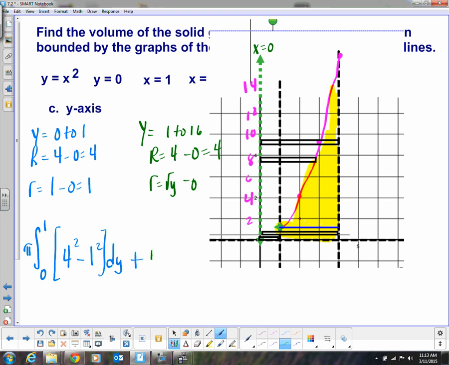Now we're going to do pi, and what are my limits? 1 to 16, all right, what's the large radius? 4 squared, what's the small radius? Square root of y what? Squared, dy. It's all about top minus bottom, right minus left, recognizing discs and washers. Do you see why I wanted you to do last night's homework first?